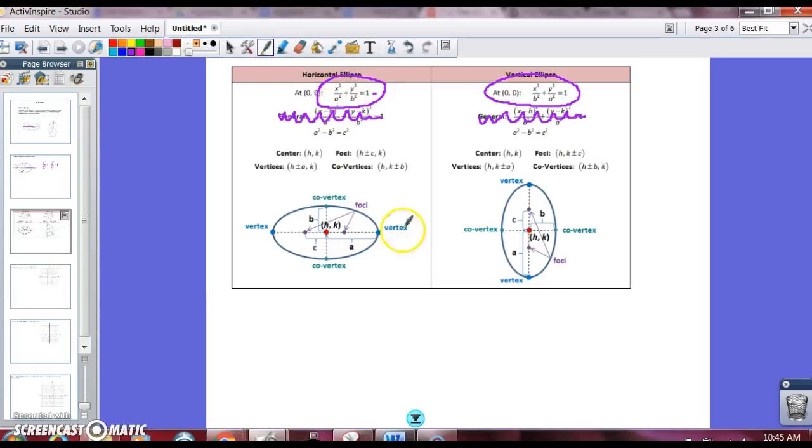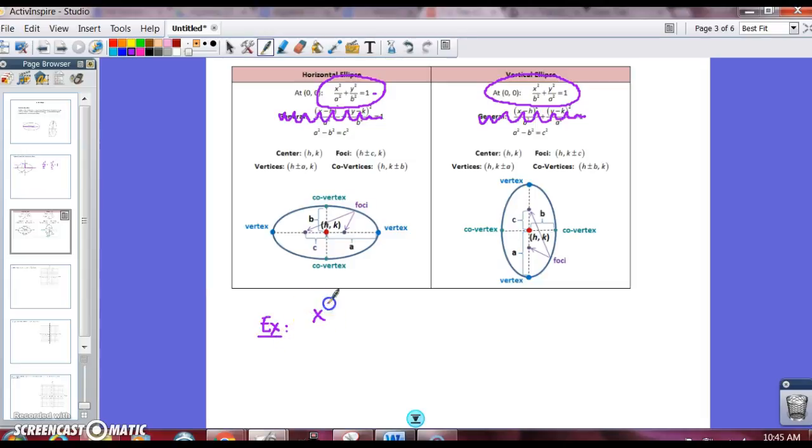So that's how you can tell by looking at an equation whether or not the ellipse is a horizontal ellipse or a vertical ellipse. So let me give you a quick example, and you don't have to necessarily write this part down if you don't want to, but if you want to, you can.